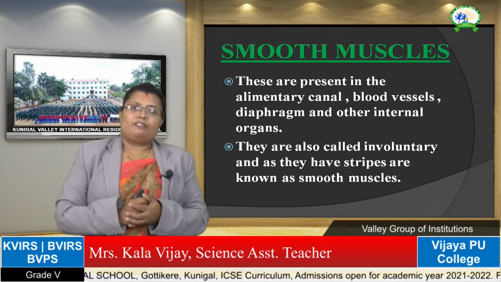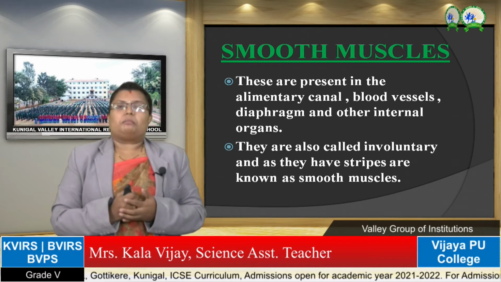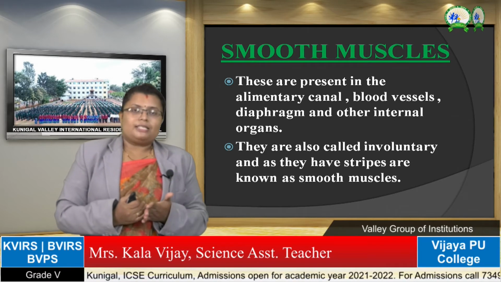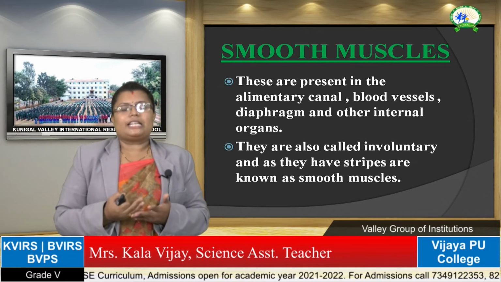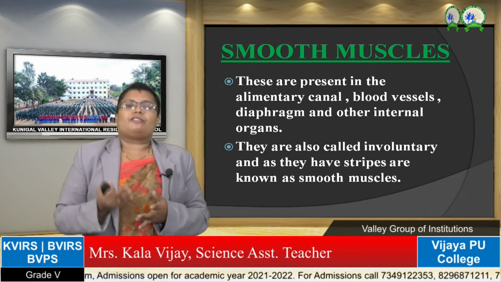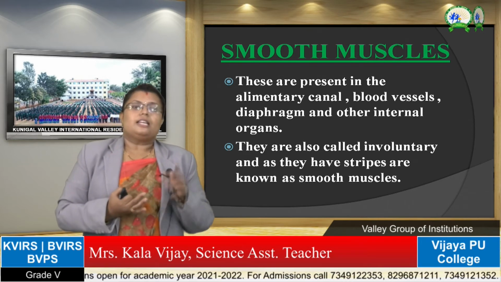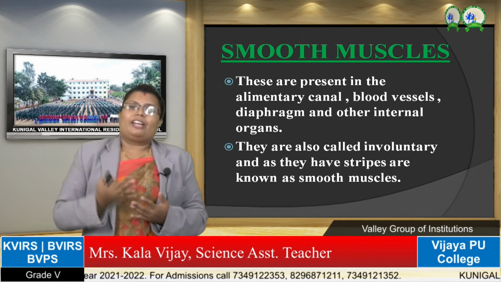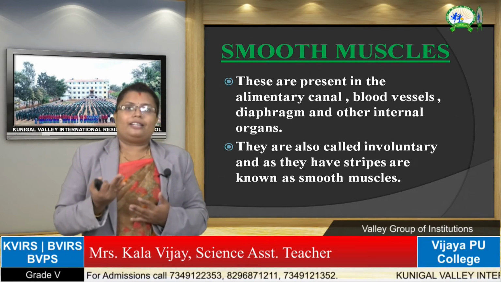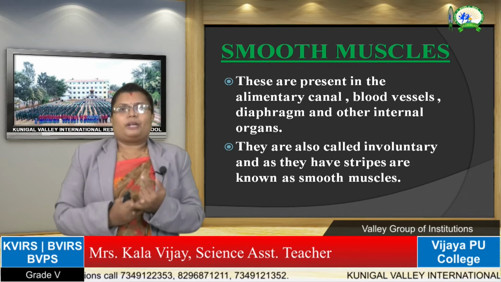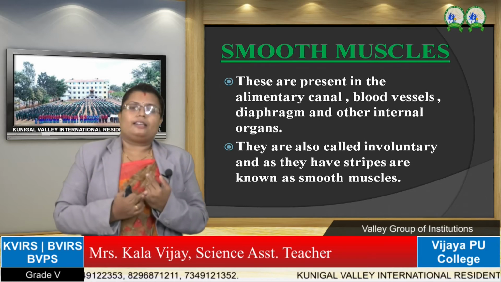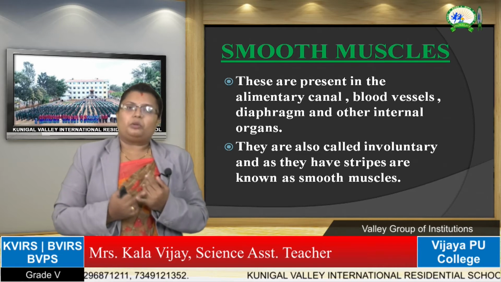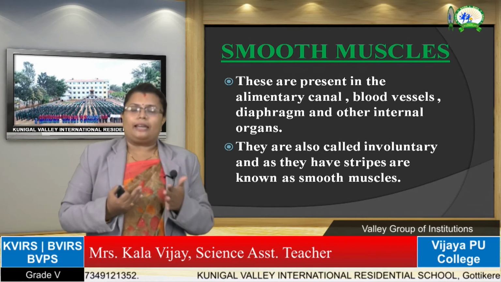The next type of muscle is the smooth muscles. Smooth muscles, as I told, are present in the outer lining of all your internal organs. They are protecting the internal organs. You find the smooth muscles in the alimentary canal. When you learnt about the digestive system, you learnt what the alimentary canal is.